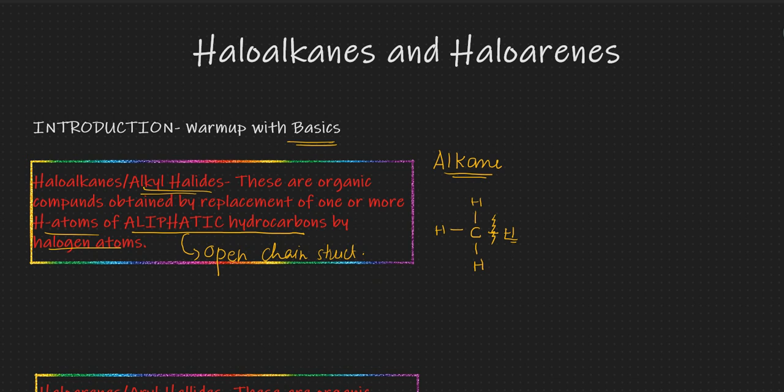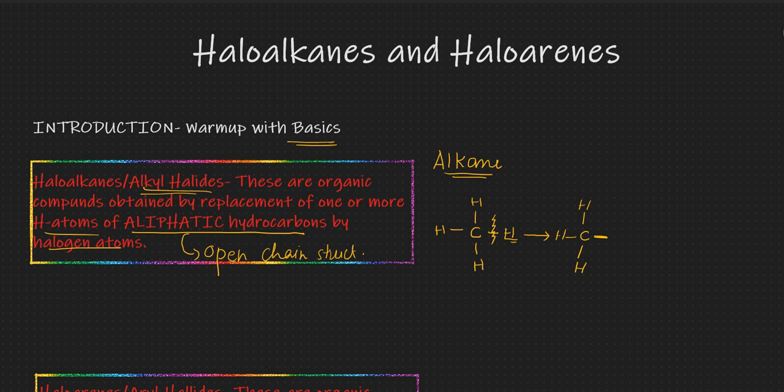So what will I get? It will look something like this. Nothing will be here, and your other hydrogen atoms will be at their initial positions. So this is your structure of an alkane with one missing hydrogen atom.